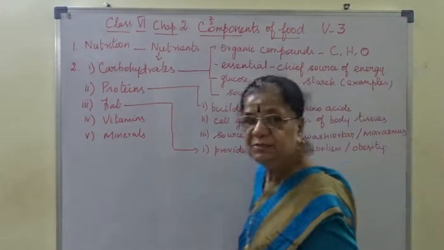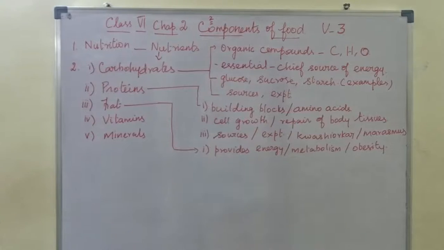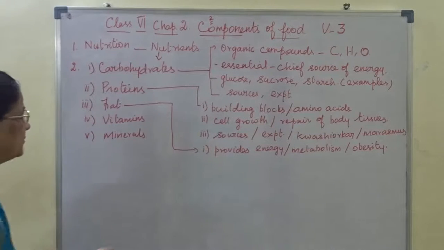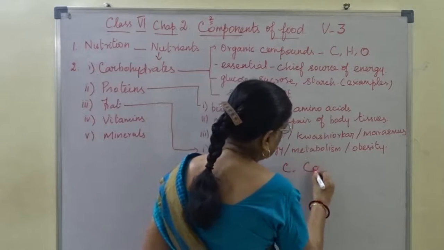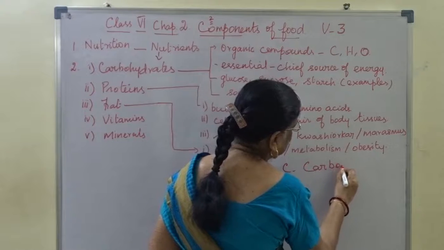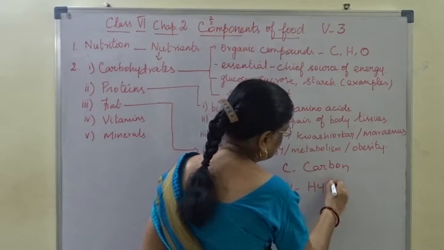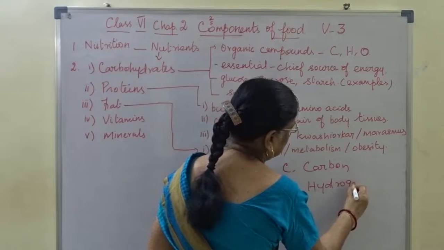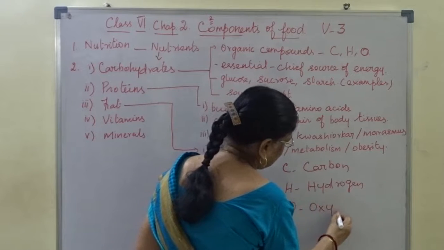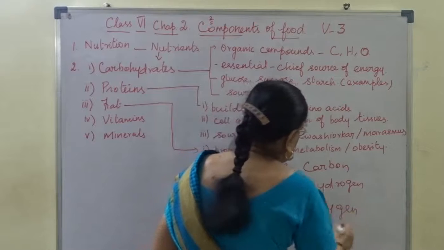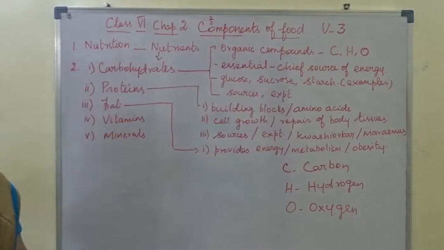You will study this again in chemistry. Carbon is C, hydrogen is H, and O is oxygen. See the spelling: carbon, hydrogen and oxygen.